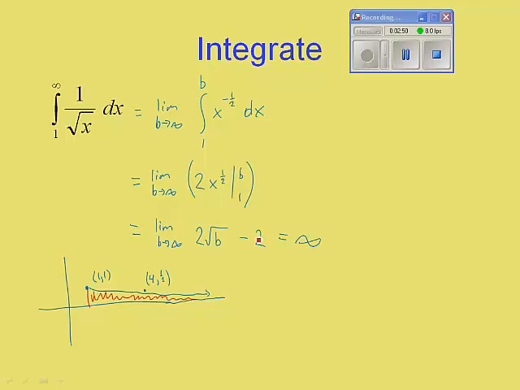And it turns out that when this happens, okay, we will use the following language. We say this integral diverges. But that's kind of weird. This improper integral diverges.